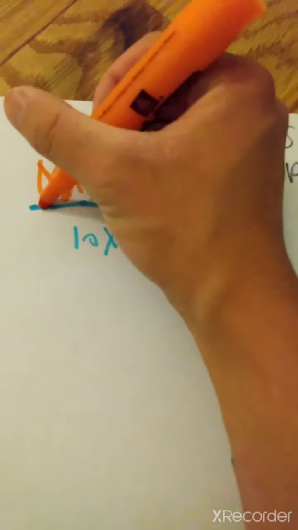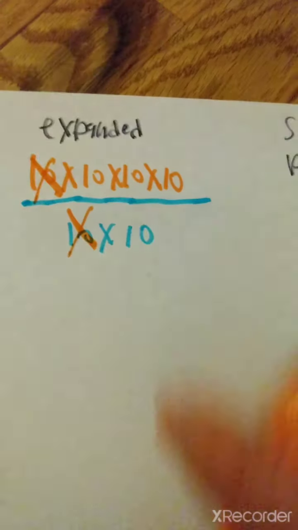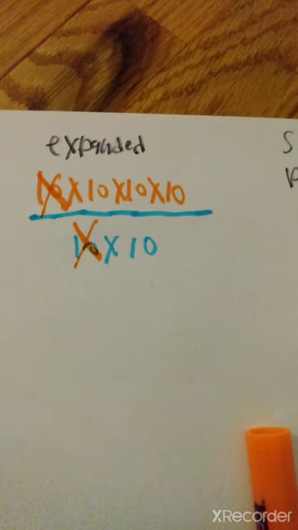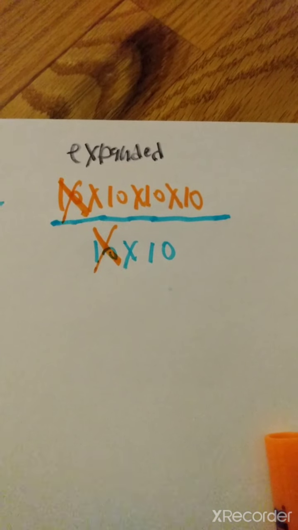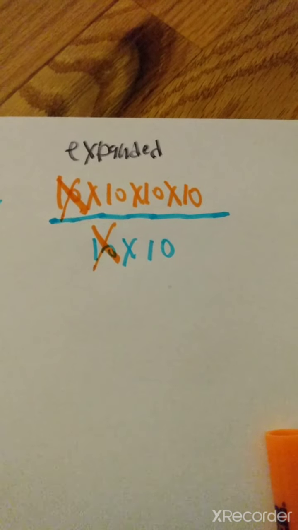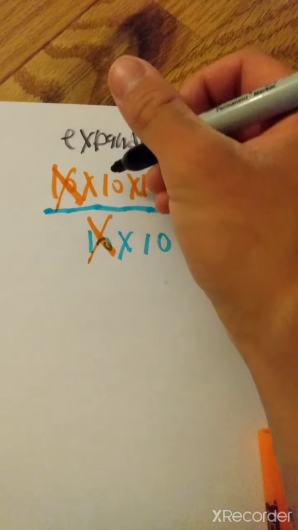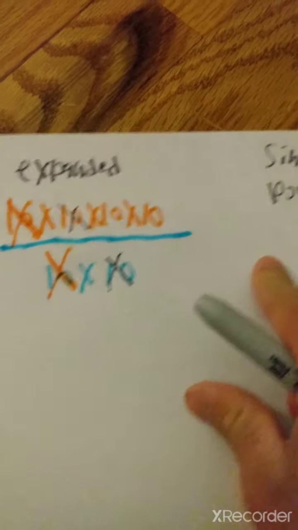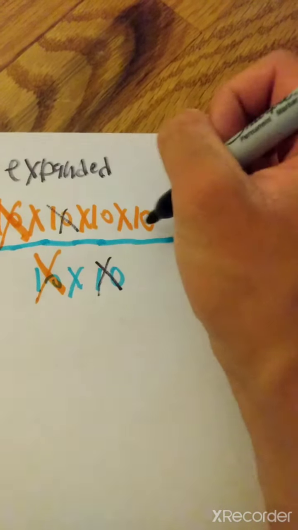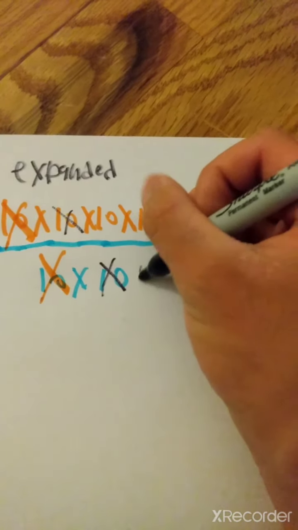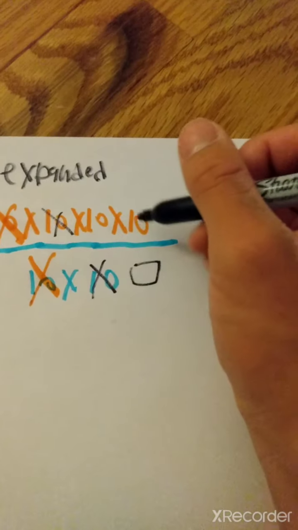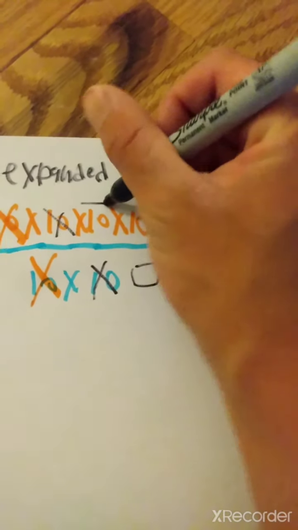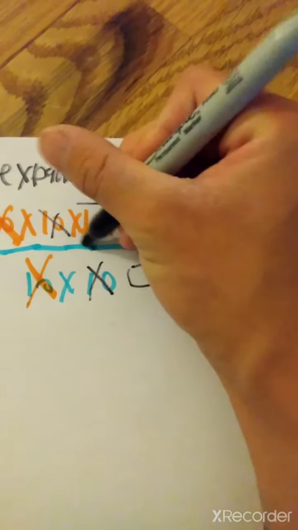Like this can be canceled and this can be canceled, because they both have a partner to leave the equation with. So 10 and 10 can also be canceled. The only problem is, these two 10s don't have partners on the bottom. So that is going to be our answer. What's left over?